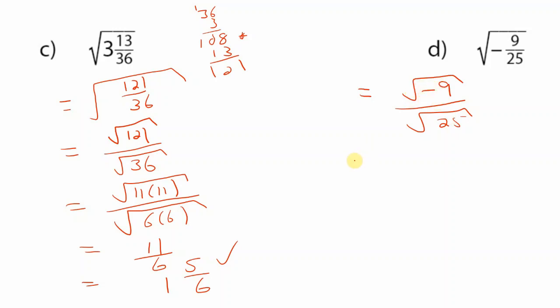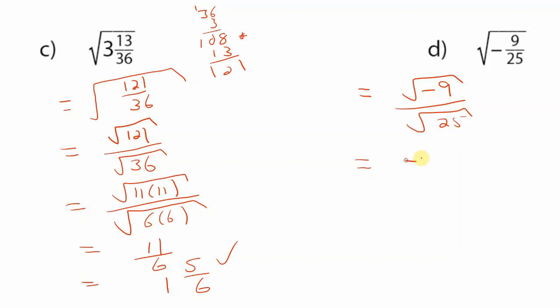But now we have a problem. We cannot get the square root of a negative number because we can't find two pairs that are exactly the same that we multiply with each other that gives a negative answer.